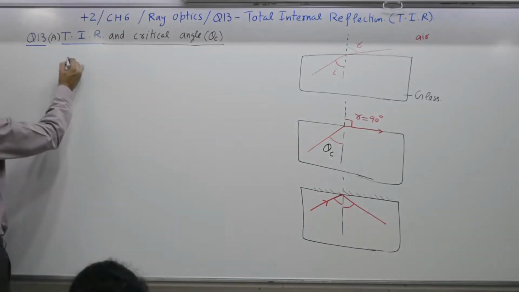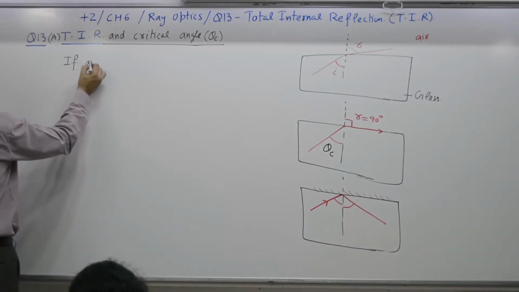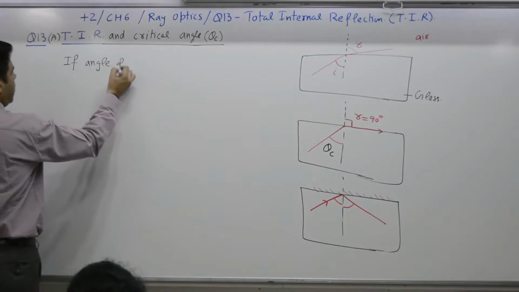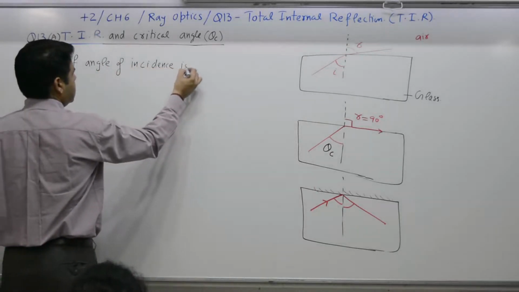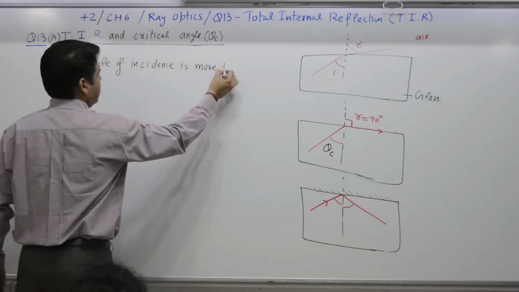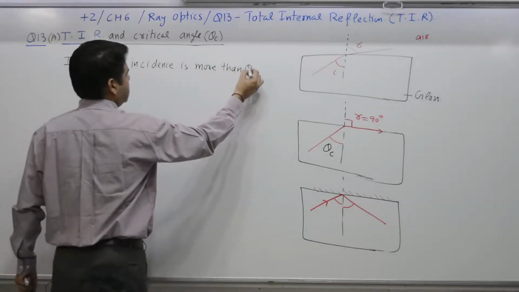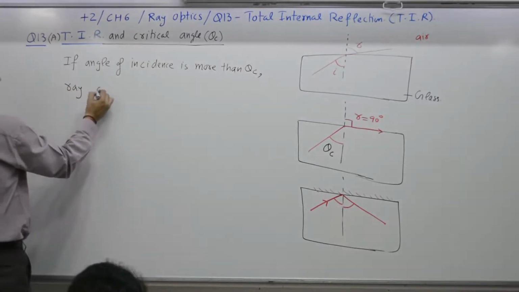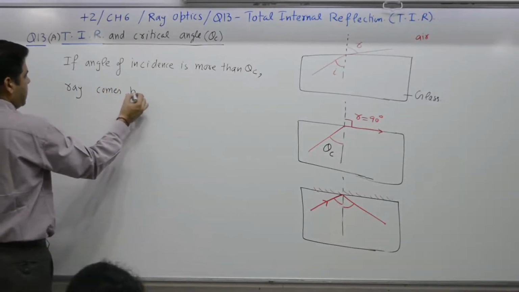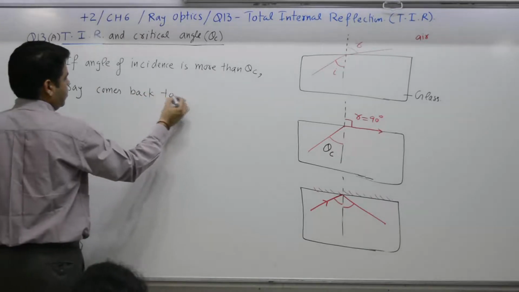So, if angle of incidence is more than theta critical, the ray comes back to the denser medium.